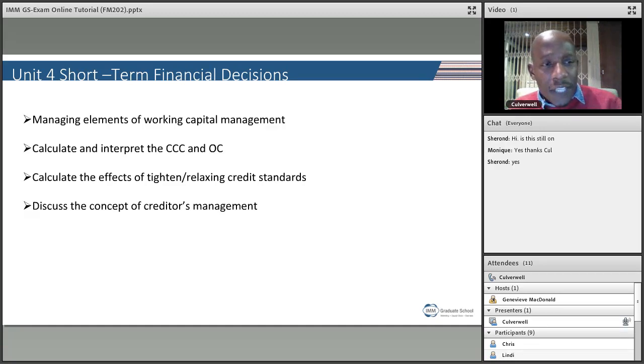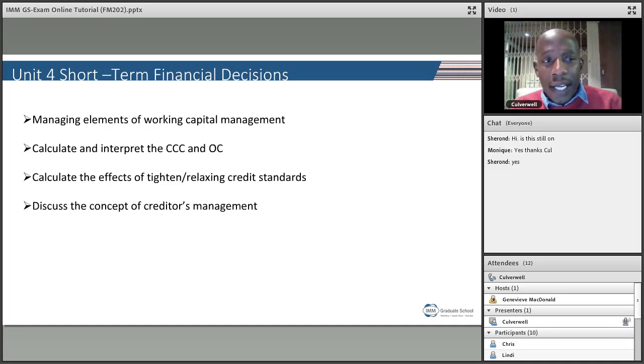It is also expected of you to be able to calculate and interpret a cash conversion cycle and your operating cycle. Your cash conversion cycle formula will be given in your exam. It is the average age of inventory plus your average collection period minus your average payment period. What cash conversion cycle means is how long is our cash being tied up?